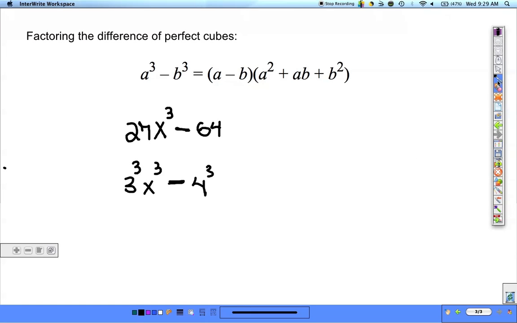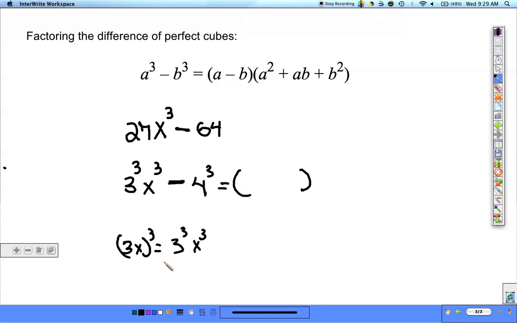All right, so now that we have those things written simply, let's just fill in our formula. We of course have a minus b, so the cubed root, that's the a, is going to actually be both of these bases here. An easier way to see that might be if you think about the power to a power rule. For instance, if I had 3x and I raised it to the third power, that would be 3 cubed times x cubed.